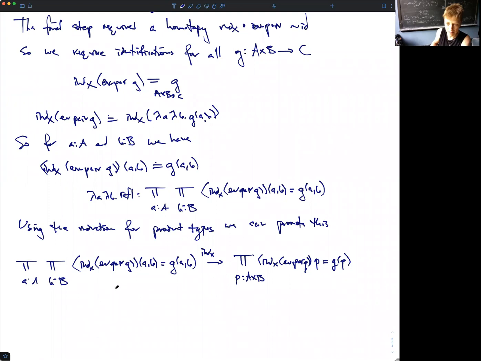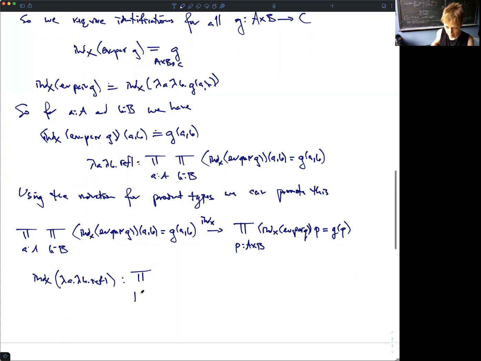So in other words, if I apply this induction principle again, but now for this more complicated type family, to the term lambda A dot lambda B dot REFL, which was my inhabitant of this left-hand type, I get an inhabitant of this right-hand type. So for all P, I have an identification between ind x of ev pair of G of P and G of P. And so what have I done?